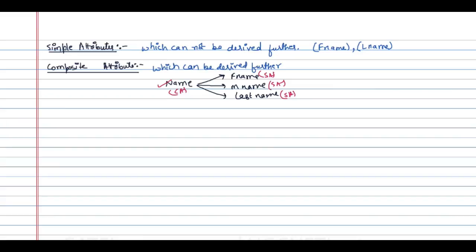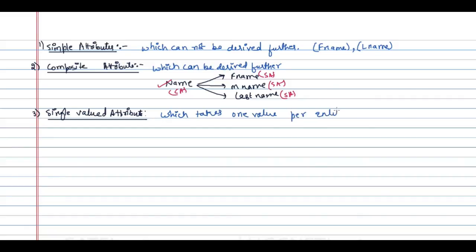Now the next type of attribute is called the single valued attribute. And we have multi-valued attributes also. Single valued attributes are the attributes which take one value per entity.